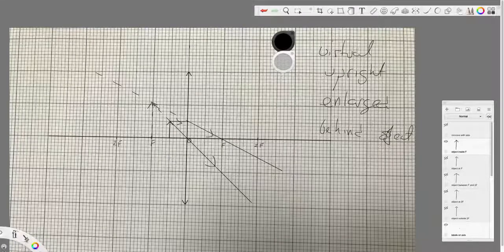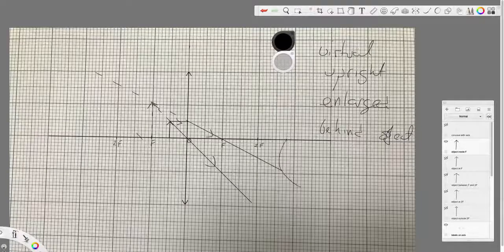So here we have the only upright image formed in a convex lens. It is upright, it is magnified, and it's behind the object.